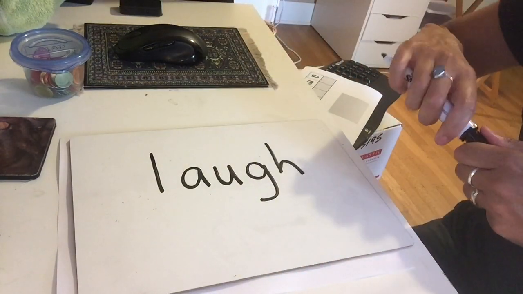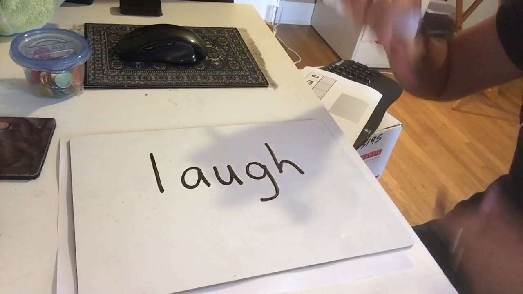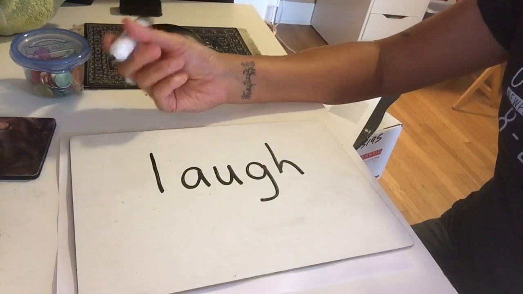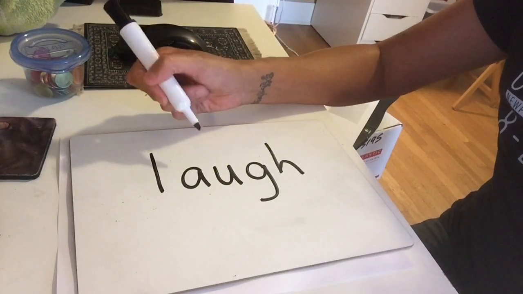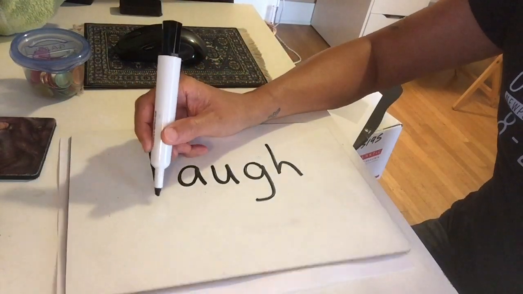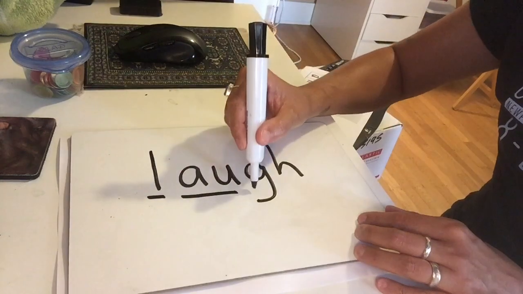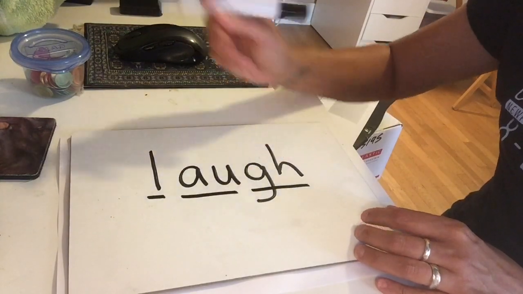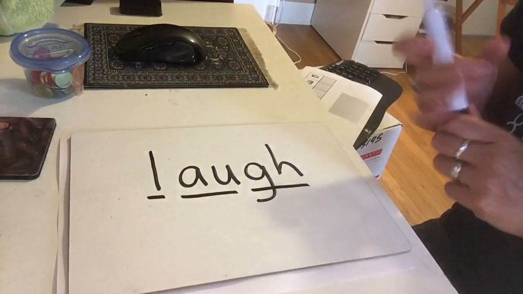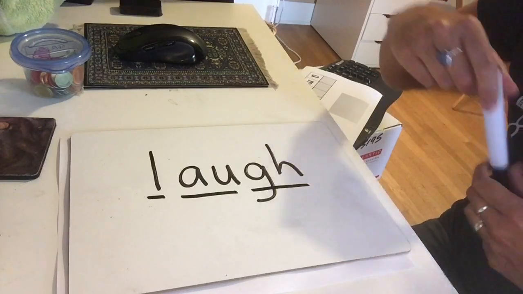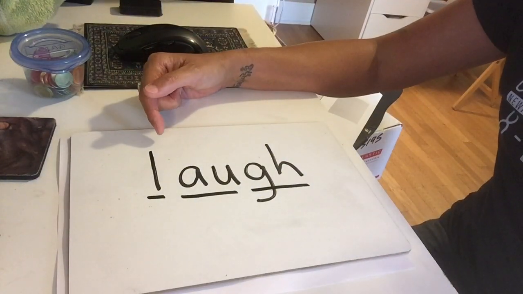Now, with this approach, this is what I do when teaching a word like this. Watch me. O, a, f. So what's the letter that you see that says O?